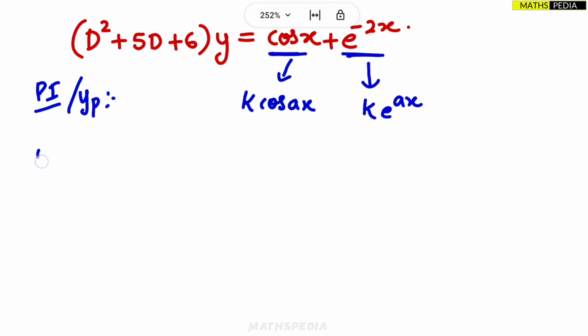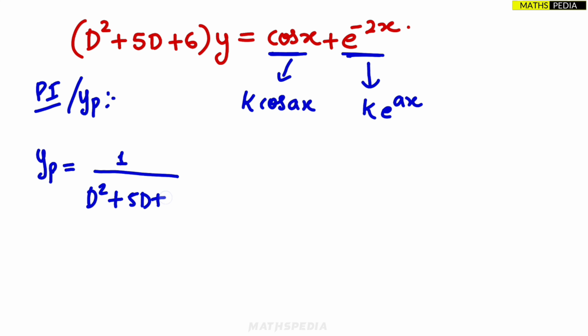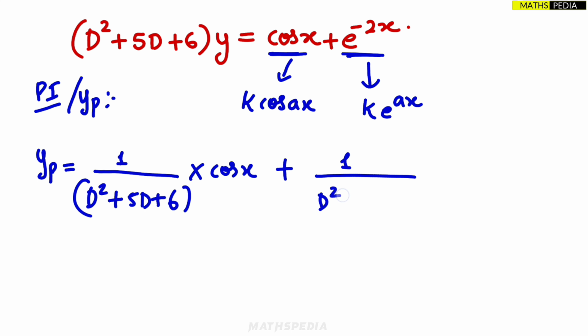But first of all, yp is equal to what? 1 by d square plus 5d plus 6 into cos x plus 1 divided by d square plus 5d plus 6 into e power minus 2x. So how have I written this value?